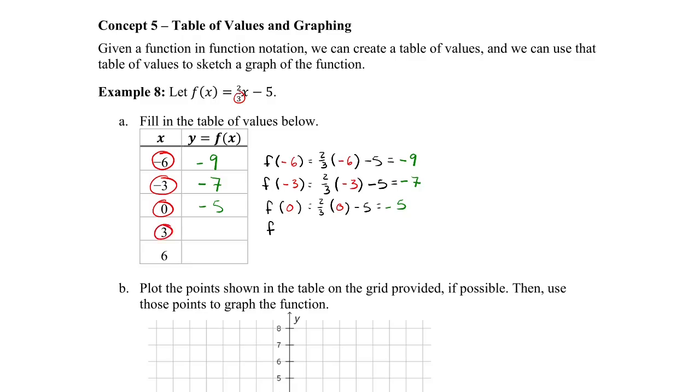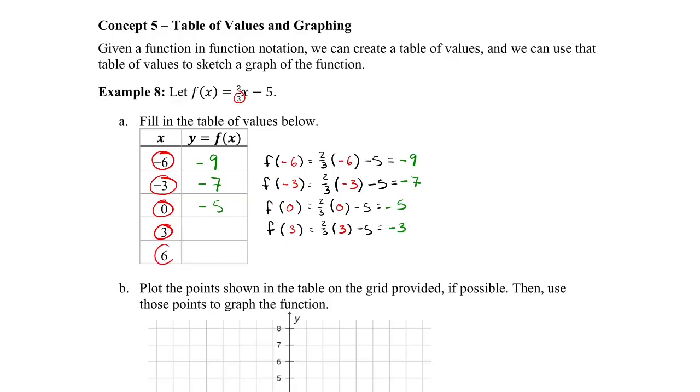When x is 3, we'll take f of 3, which is 2/3 times 3 minus 5, which works out to -3.